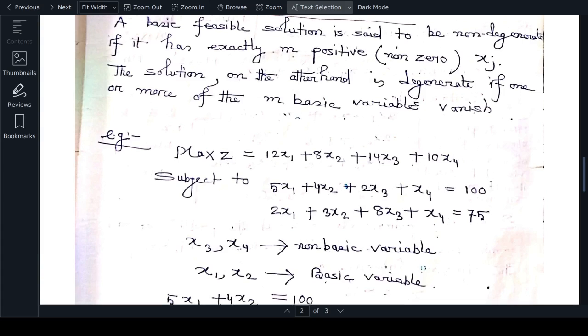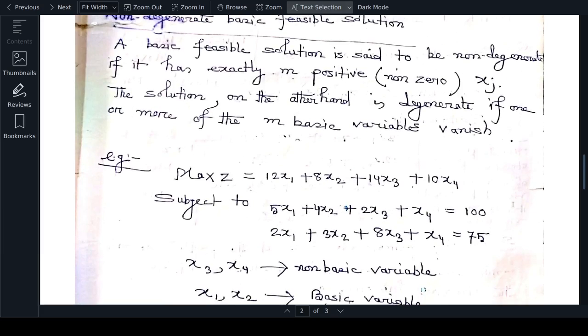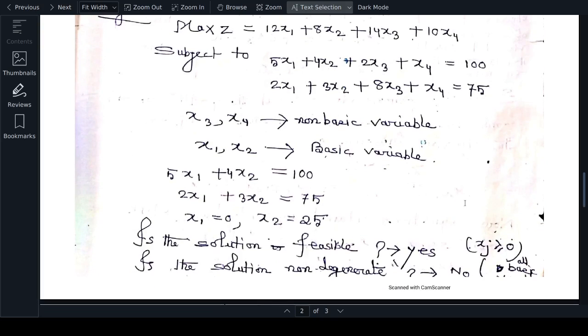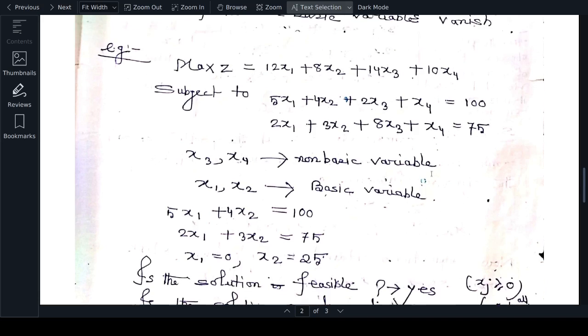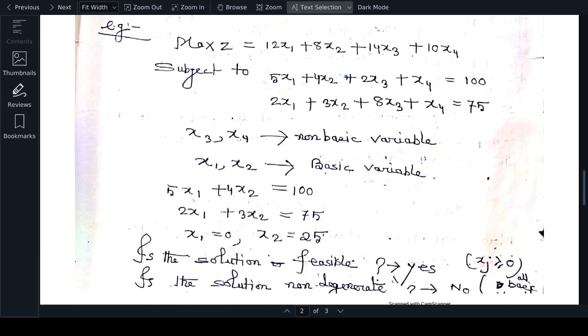Dipanshu, why is this a degenerate basic feasible solution? Because x1 is equal to 0. Yes, because here x1 equals 0. So you see, in this way we can identify. Suppose in your exam they ask whether the following linear programming problem gives a non-degenerate or degenerate basic feasible solution, and whether it gives a basic feasible solution or not.